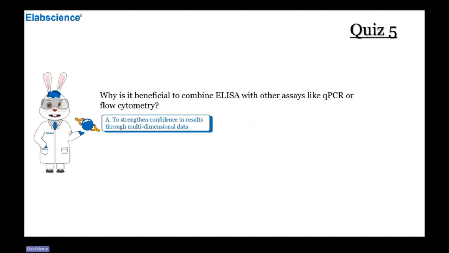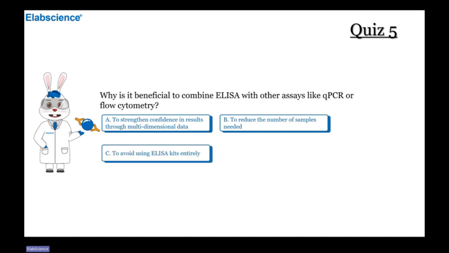Option A, to strengthen the confidence in results through multi-dimensional data. Option B, to reduce the number of samples needed. Option C, to avoid using the ELISA kit entirely. Option D, to make experiments faster but less accurate. So which one is the correct one?